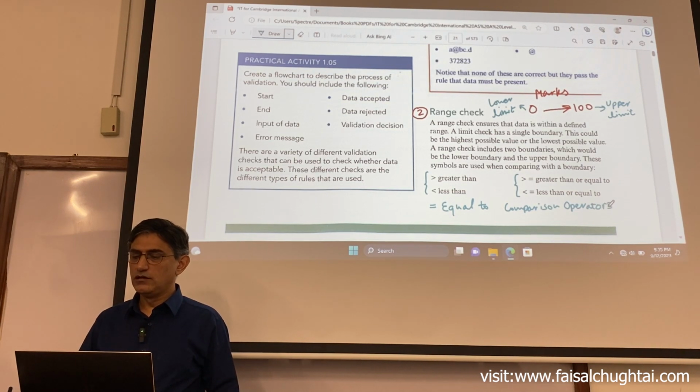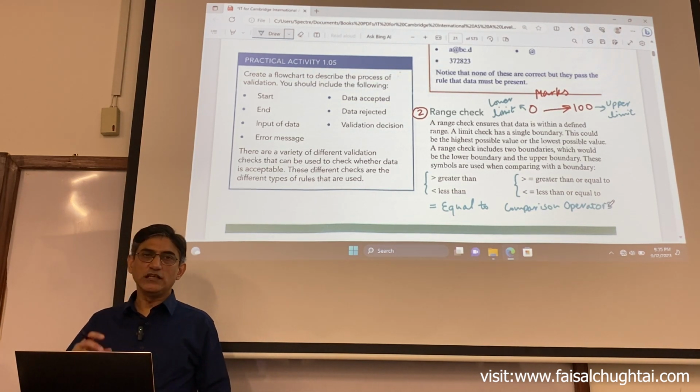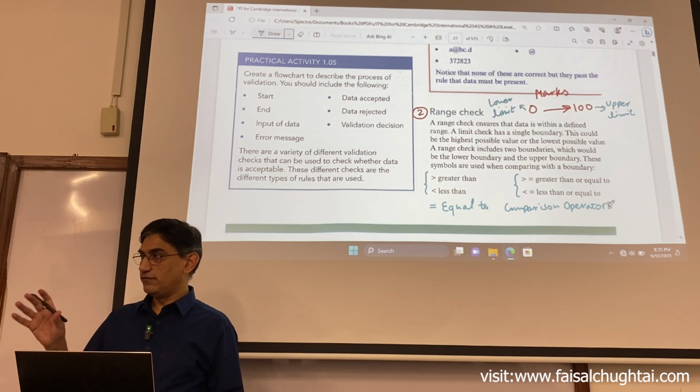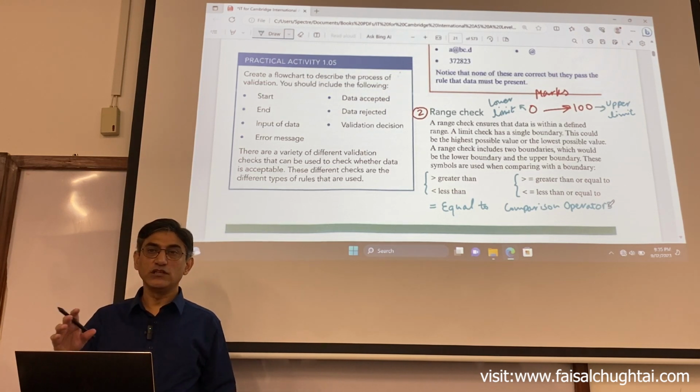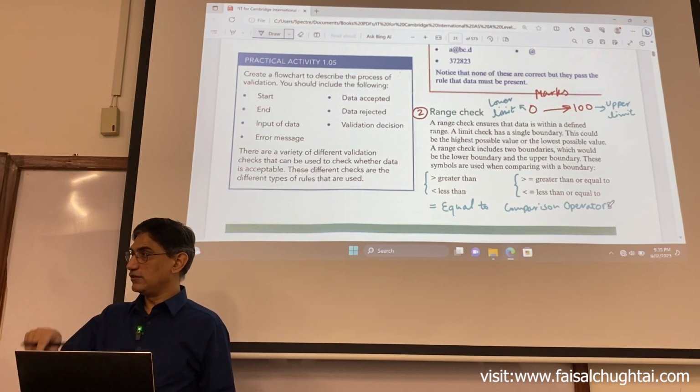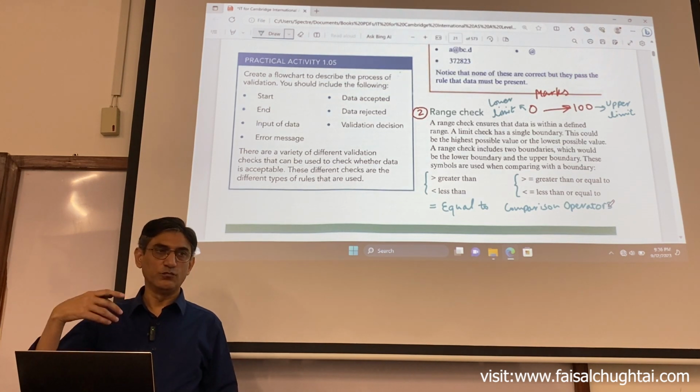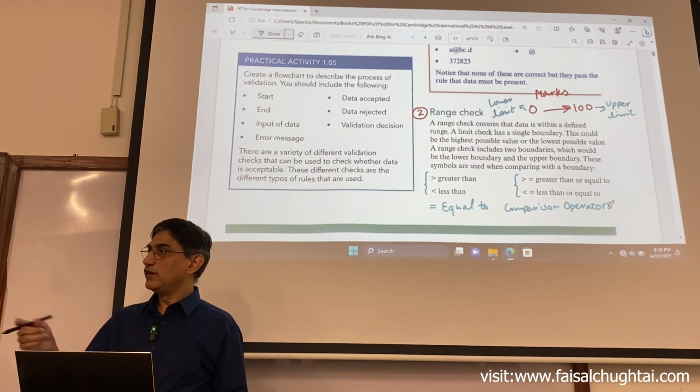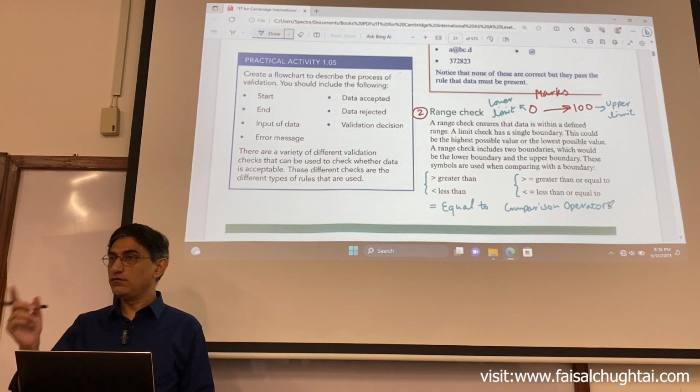By the way, comparison operators in the context of our course are very, very important because they will be used in a number of situations practically. When we do our practical work, we will have to make use of comparison operators. Where will we have to use them?